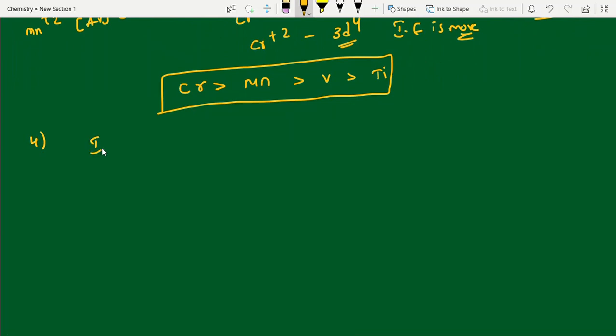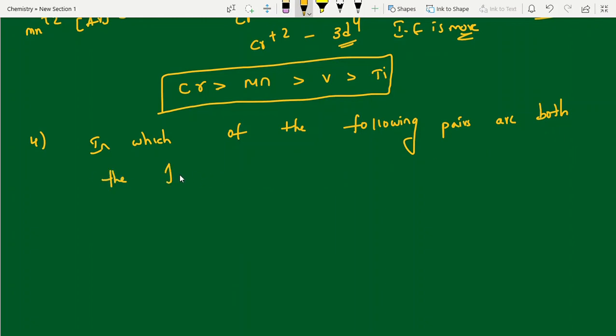Now look into this. In which of the following pairs are both the ions colored in aqueous solution?